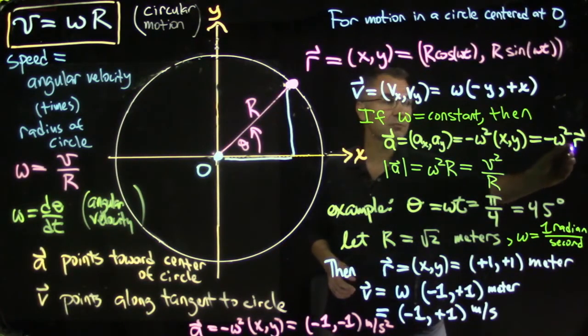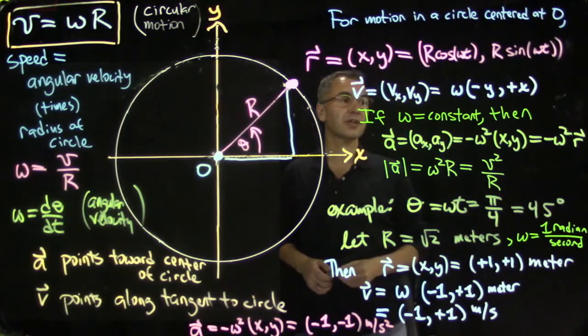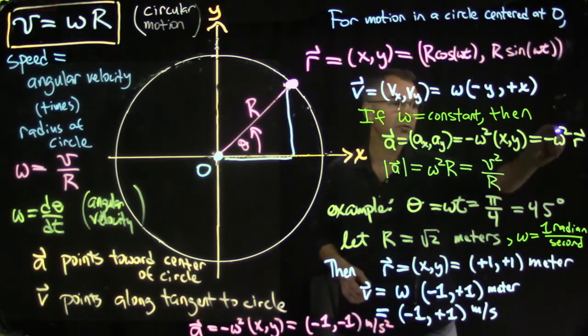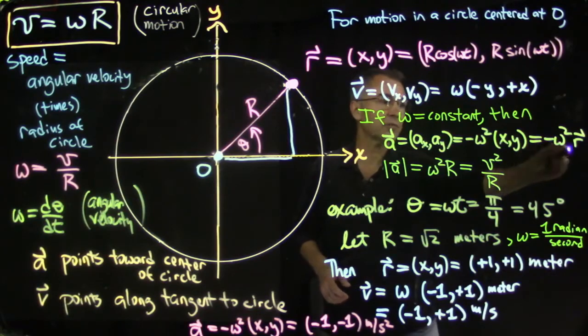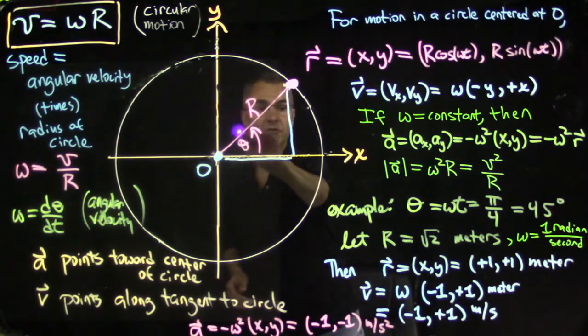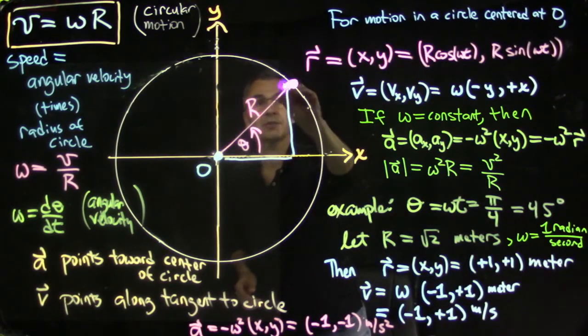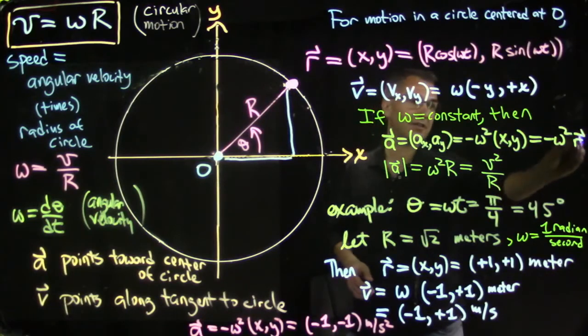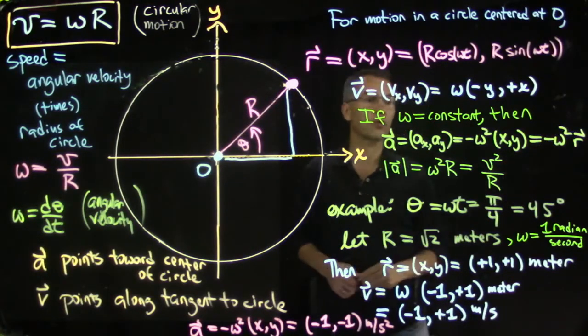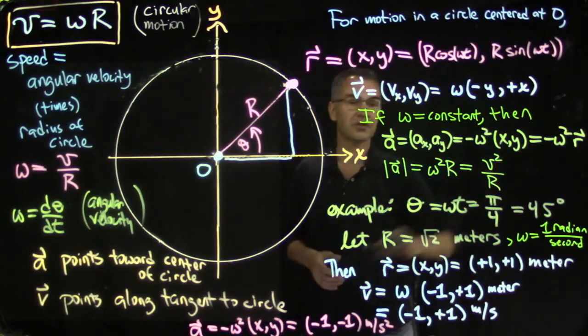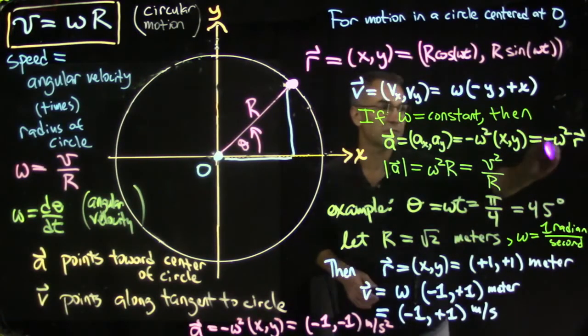So it actually points in the negative r direction. Since omega squared must be positive, if the r vector points from the origin out toward the point where the object is, then the acceleration vector points back toward the origin. Because this is proportional to minus r, you can see already that the acceleration points toward the origin if you like vectors.